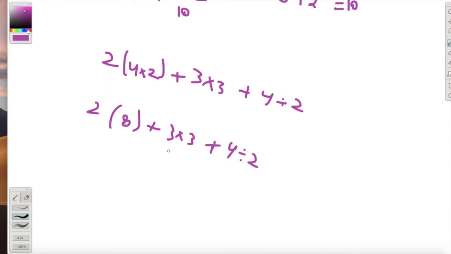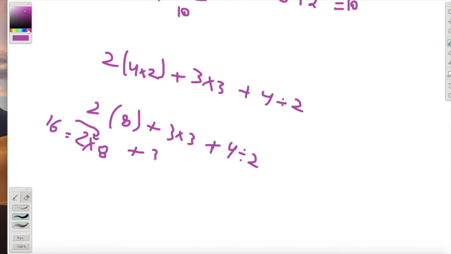We are not touching anything else, which means I'm giving you a step-by-step explanation. Now the next thing is 2 by 8. Parenthesis simply means that it's a multiplication. So 2 by 8 is 16, which is equivalent to this.